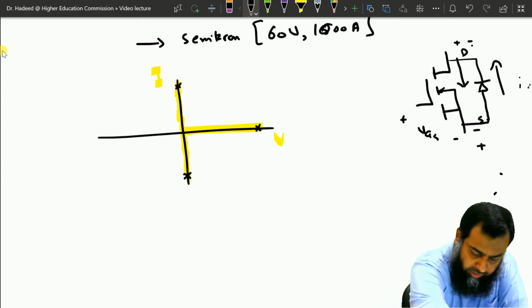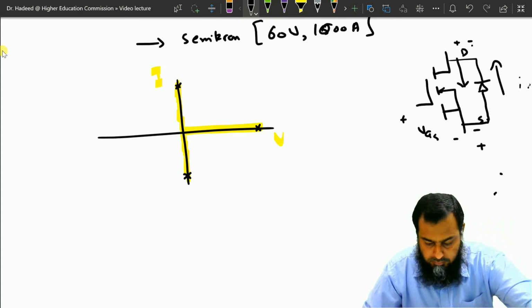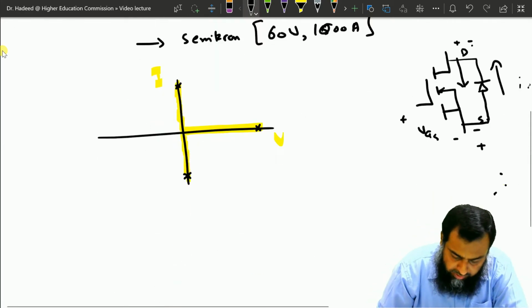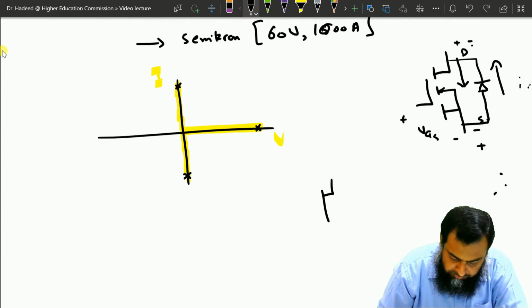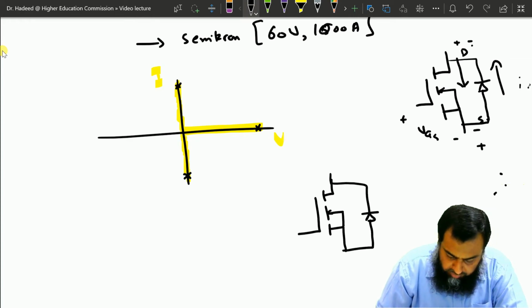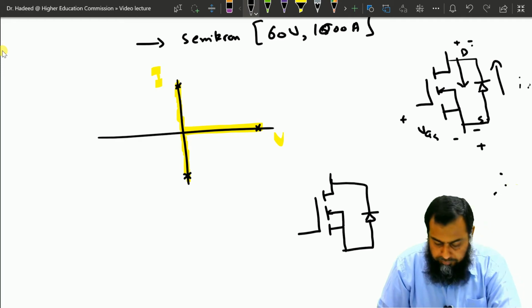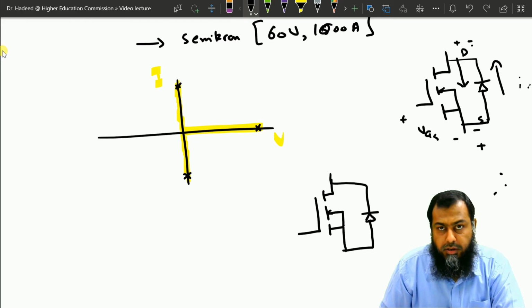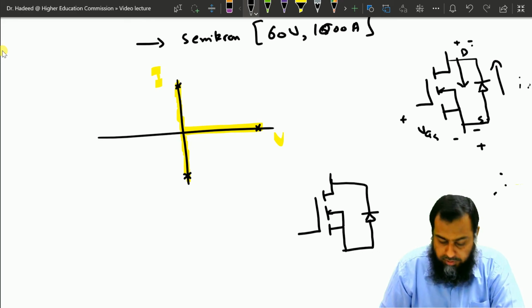So you can see here, suppose that we have this MOSFET, and here we have this body diode which is not fast enough to be compatible with this main device, which is the MOSFET.